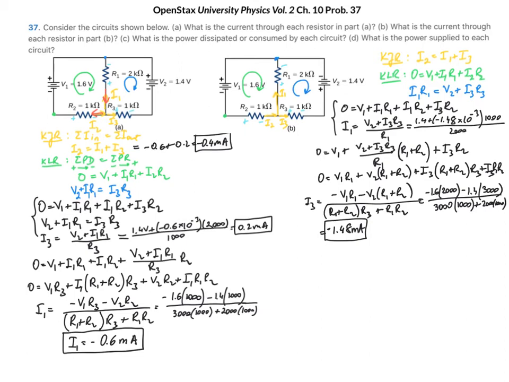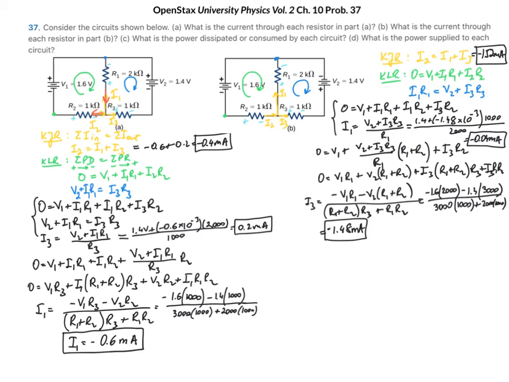And we get negative 0.04 milliamps. So this one is also negative. All right, so then what do we get for I2? I2 is going to be also negative, so all my currents are in the wrong direction for this circuit, and that would be negative 1.52 milliamps.